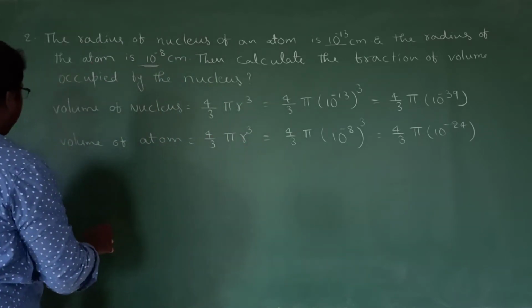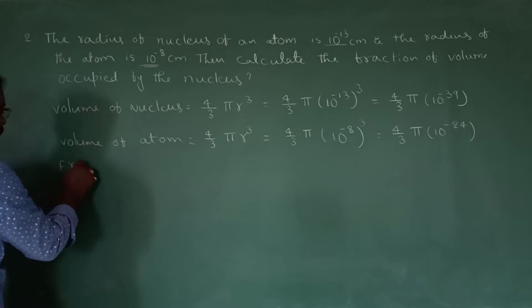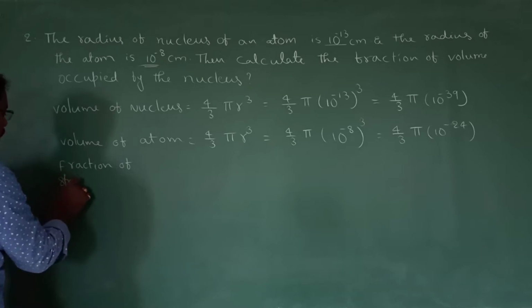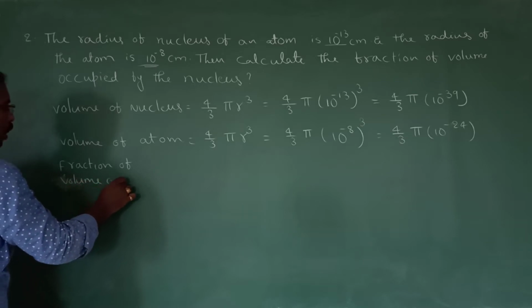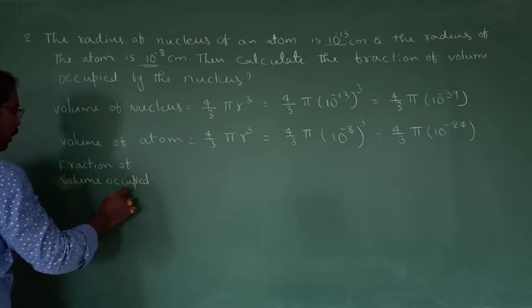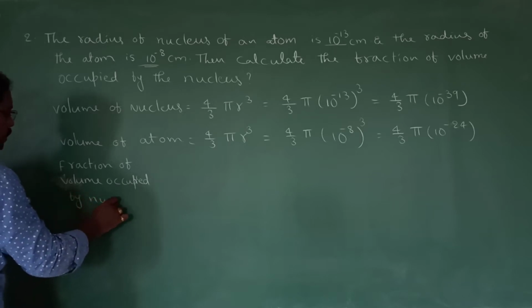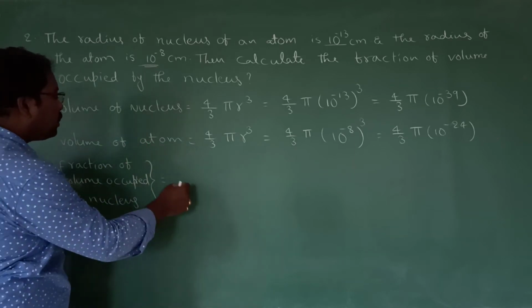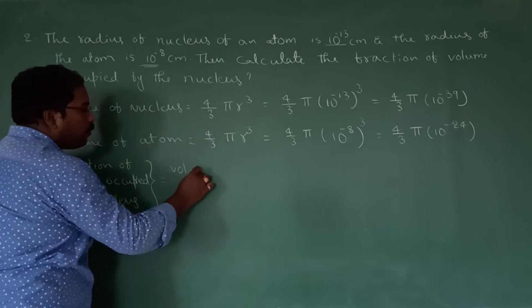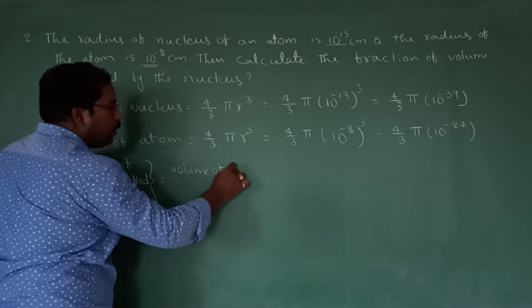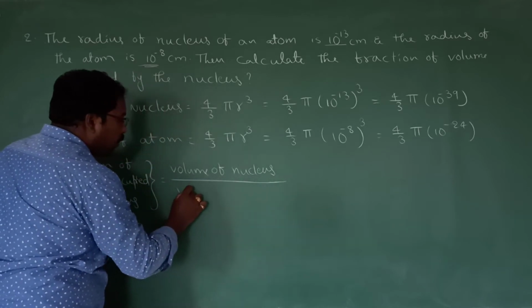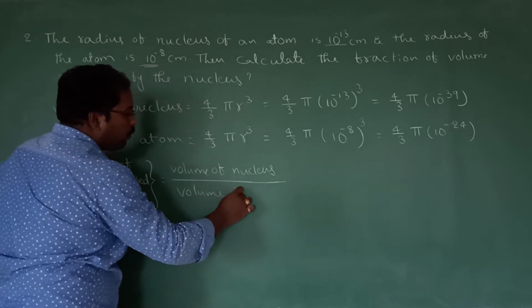Now let us find the fraction of space or volume occupied by the nucleus. How to calculate this fraction? Volume of nucleus divided by volume of atom.